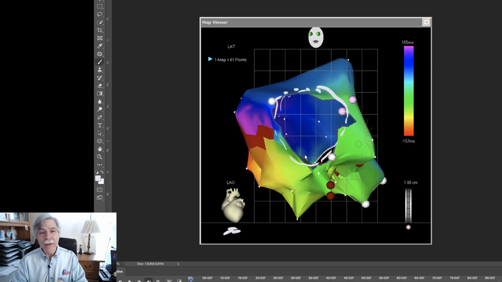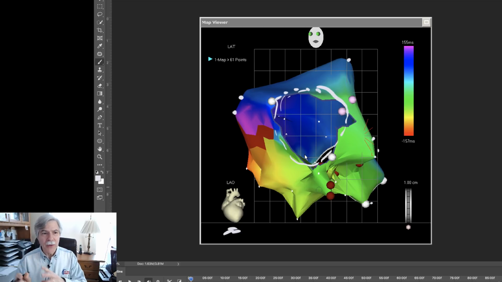And the way that we are able to map is we take a special mapping catheter, and these little dots are points where we've taken the catheter and told the computer where in three-dimensional space the catheter is located, and then look at the timing of the electrical signal at the tip of the catheter and compare it with a reference.